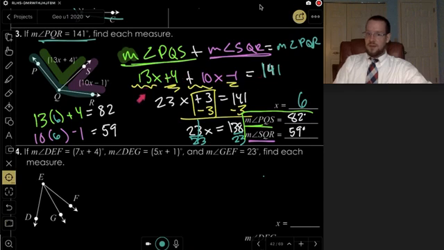Then we combine like terms, balance the equation, and divide by the coefficient on x, so divide by 23. We were asked to get the measure of these angles, so we use our value of 6, plug it back in, find those values, and then we are finished.